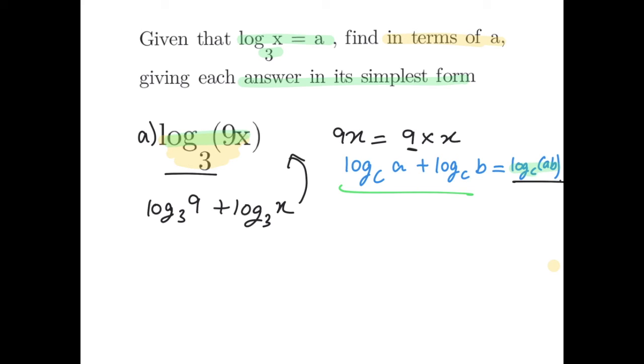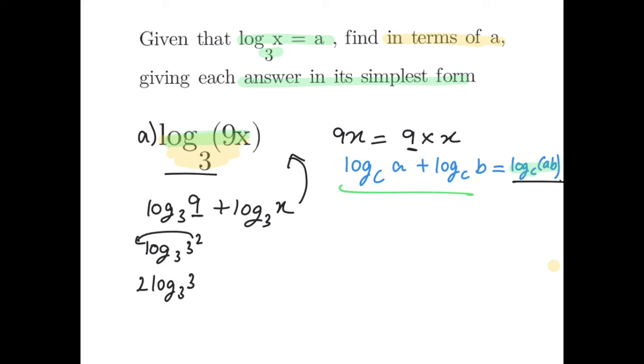And log 3, 9. We can notice that 9 is a power of 3. We can rewrite 9 as 3 to the power of 2. If we send the 2 in the front, because that's another law of log, we would get 2 log 3, 3.